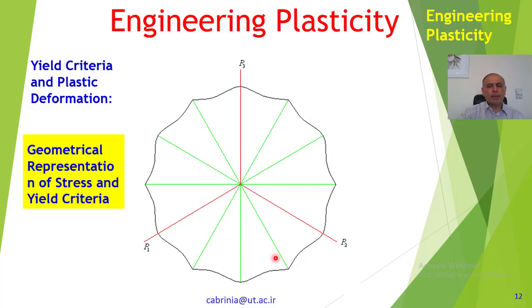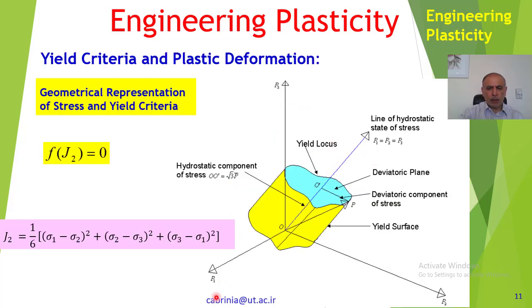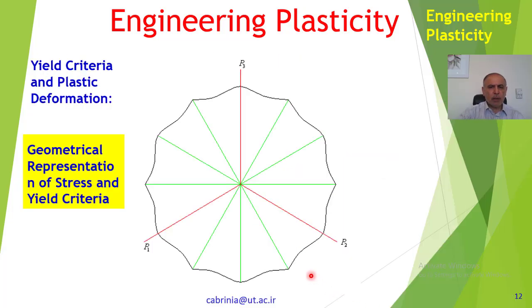Here we have P1, P2, P3. We have taken the view from the top, and if we look along this hydrostatic line, we will see a plane here, and the top views of P1, P2, P3, all of them in a plane. We call this a deviatory plane.